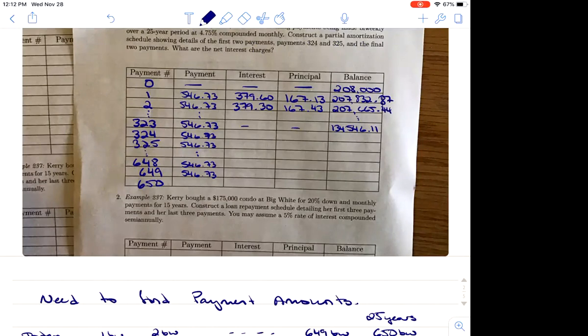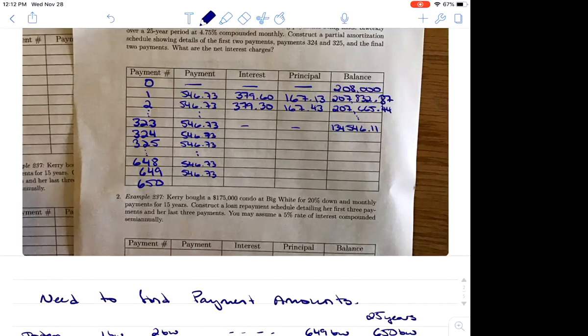134,546.11 times, I stored it in 1, recall 1. And you should get an interest amount on line 324 of 245.54. It's my I2 that we found, the 0.00182498.